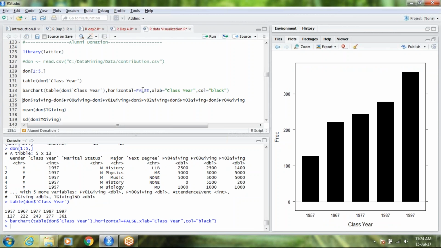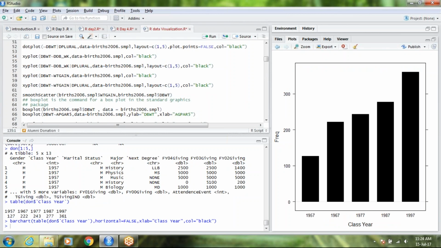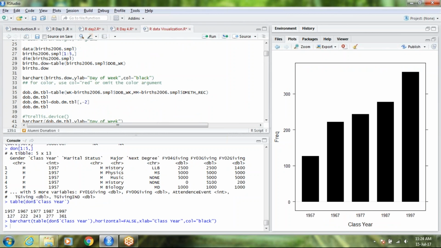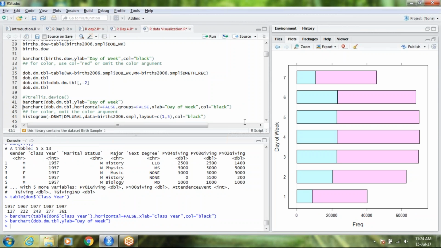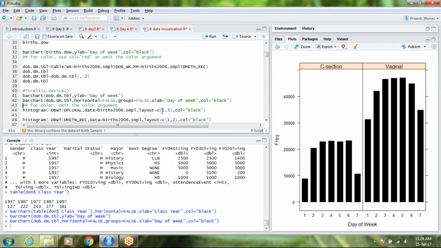So in the previous bar chart, you must have remembered that in the C-section part that we did earlier, we had the bar chart in a bit different format. It was actually made in horizontal format. And then when I put horizontal equal to false, the orientation changed.